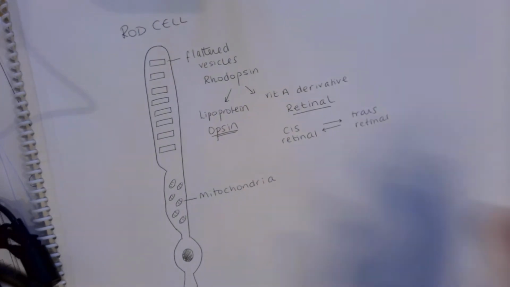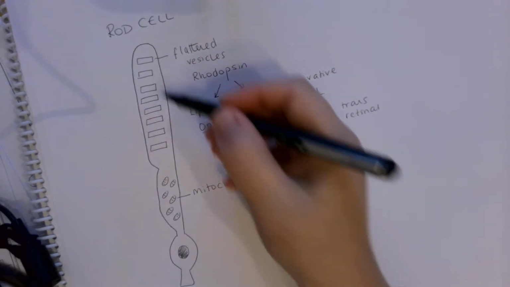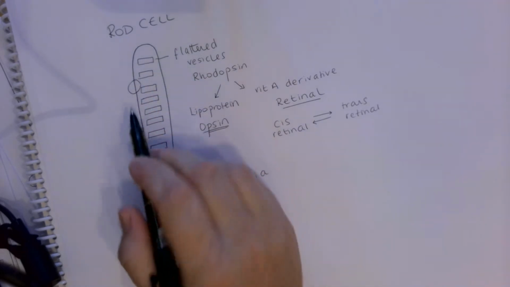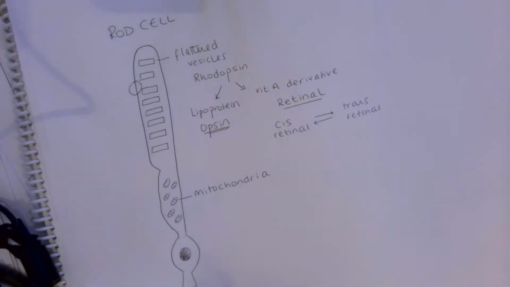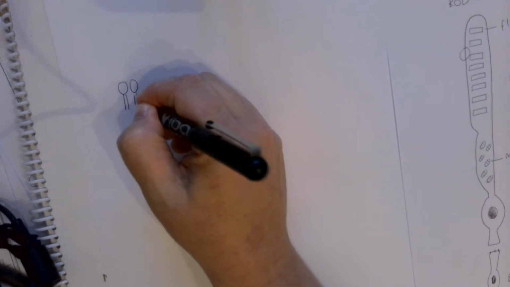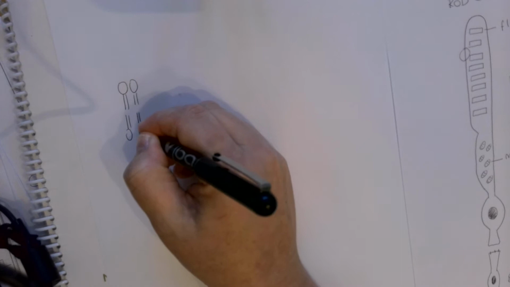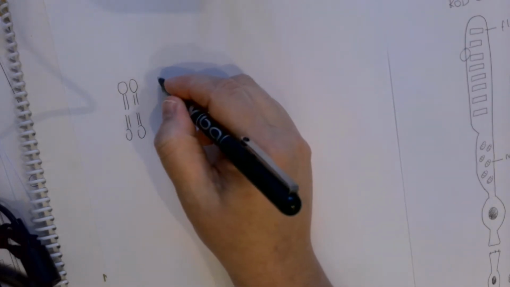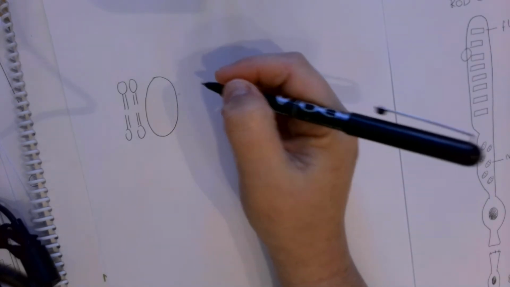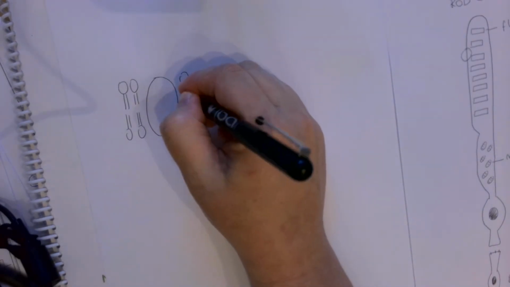Okay, if we remember that we've just drawn our rod cell, and we're focusing on this area here, what I would like to be thinking about really is the membrane. With any cell membrane, which we've talked about in terms of neurons, I'm just going to draw a basic membrane shape. And if you remember, we've got our sodium potassium protein pump.